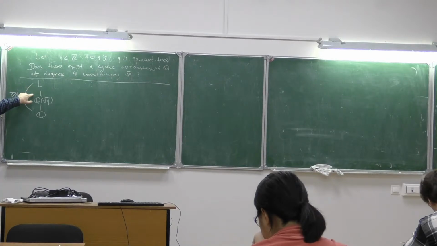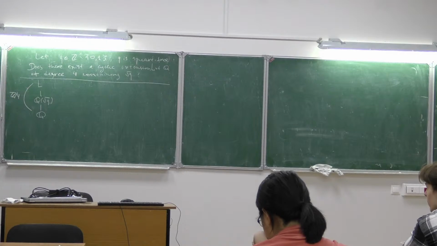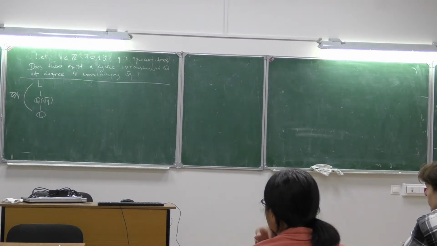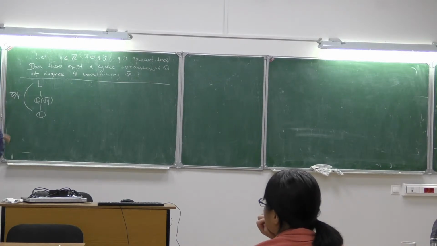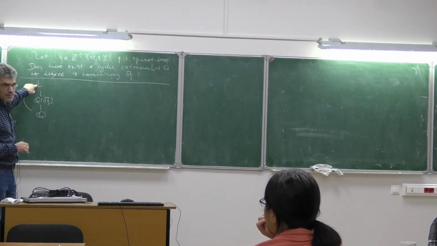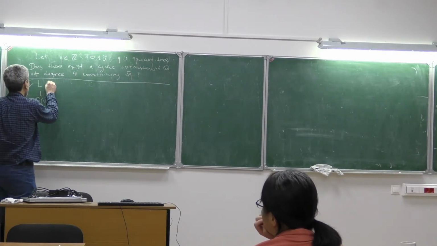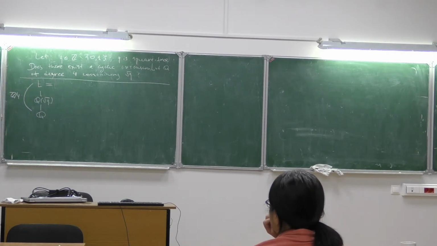So what can you say about the upper extension? What kind of extension should it be? Of degree 2. So what could this L be? Do you know the general form of any degree 2 extension? Square root of some element.